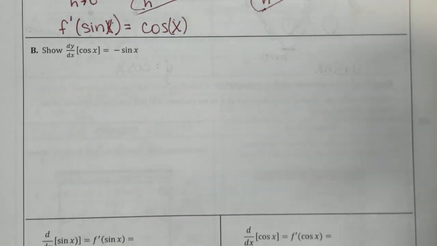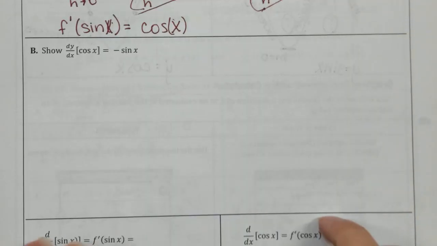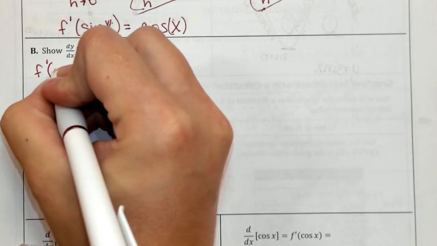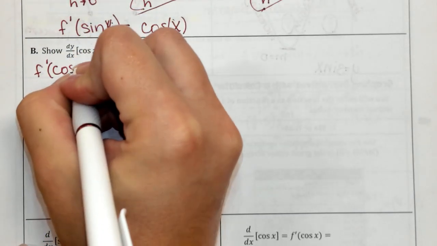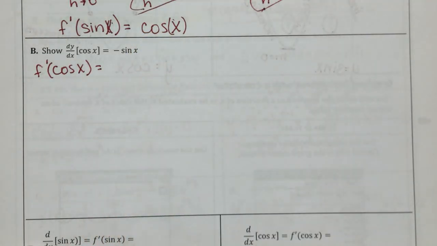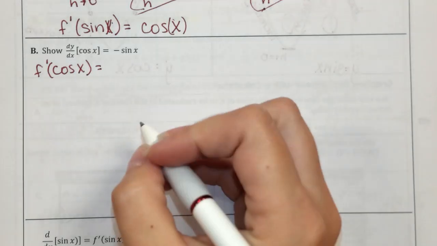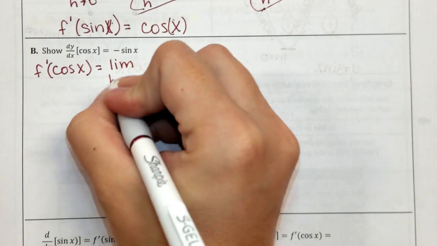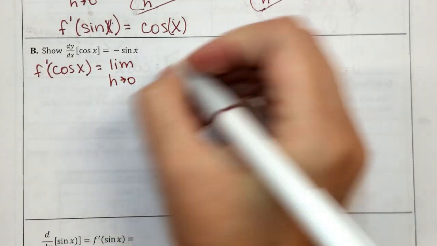I didn't think we were going to get to the last page today, though. Okay, but this would be f prime of cosine of x, and on this one we're proving that the derivative of cosine of x is negative sine x. I think I really only have time to write this out to where we can start it on Monday.